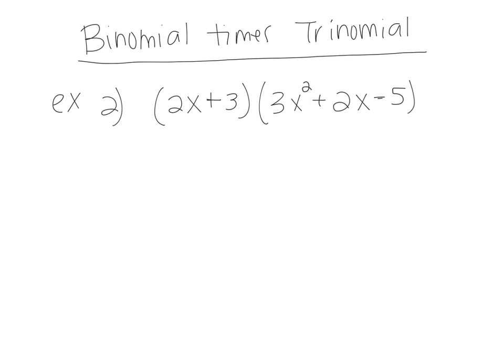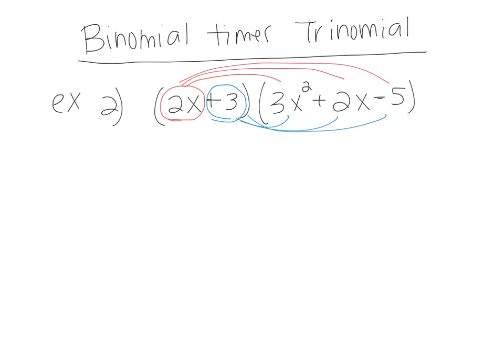Now, just like we use distributive property for a binomial times a binomial, we are going to do the same exact thing. So in other words, the 2x in my first parenthesis has to go to every single thing in my second parenthesis. The positive 3 in my first parenthesis has to go to everything in the second parenthesis.